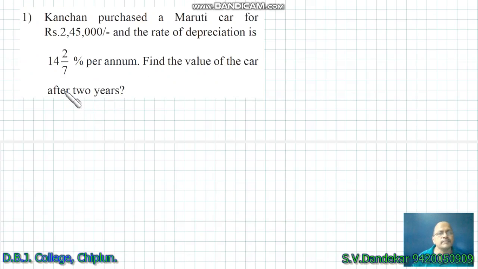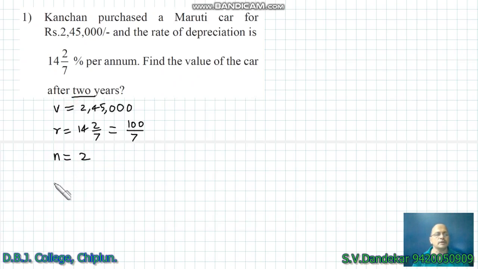Now here the value of the car V is equal to 2,45,000. Rate of depreciation R is 14 2/7, that is 100/7, and n is equal to 2 because we want the value after 2 years.